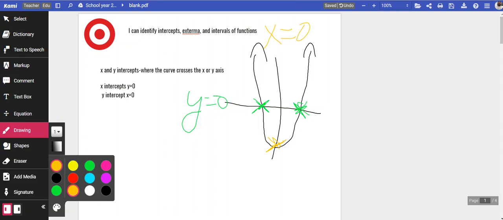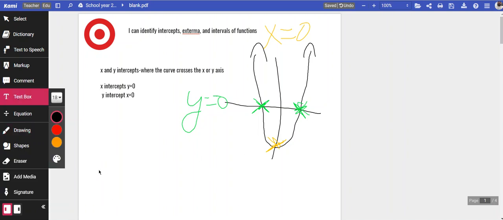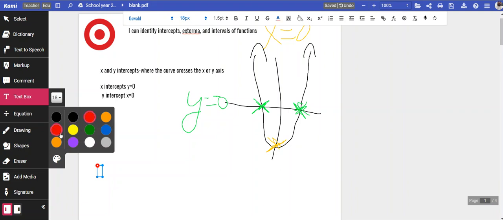So here's the crazy thing that you need to be aware of. A function can have 0 or 1 or 2 or many x-intercepts.